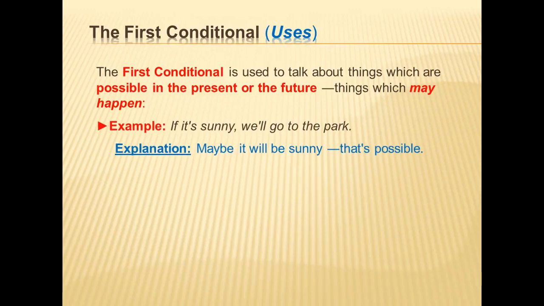Explanation: maybe it will be sunny, that is possible. Maybe now you can see the sunshine, or you look at the sky and there are no clouds, and you say that if it is sunny, we will go to the park. It is possible in the future.